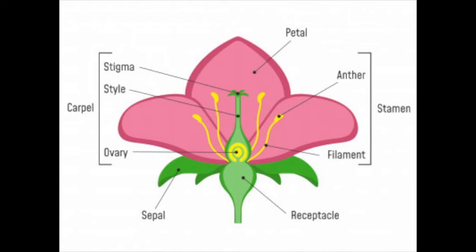And then the insects go in, they pick up the pollen, usually on their legs, on their wings, and on the back of their body. And then they rub it against the stigma, and then that's how they transfer it. Usually, they take the pollen from one plant and they transfer it to the stigma of a different plant just to mix things up a bit so not everything remains the same.